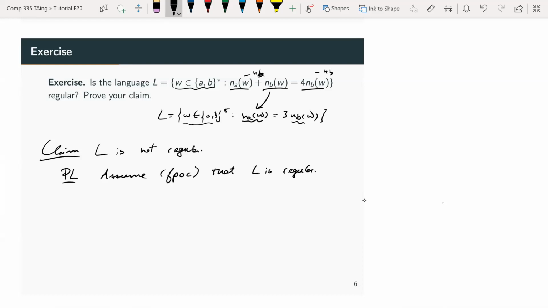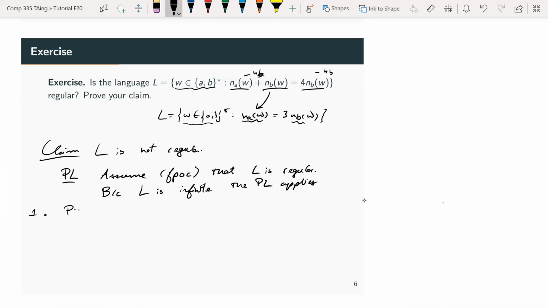And so I know, because L is infinite, the pumping lemma applies. Okay, so again, what's step 1 of the pumping lemma?